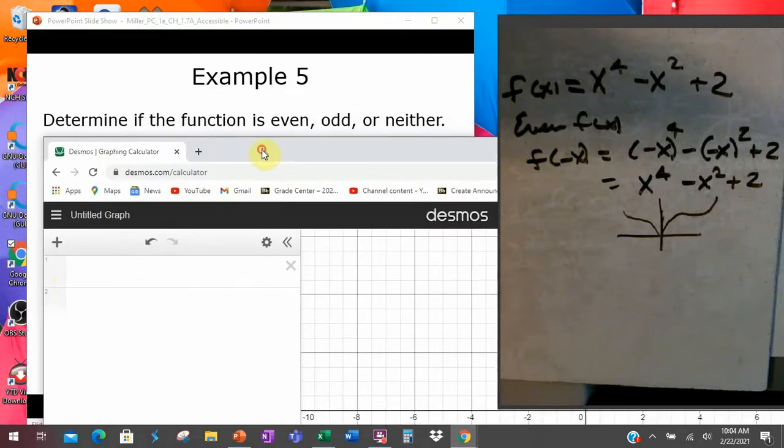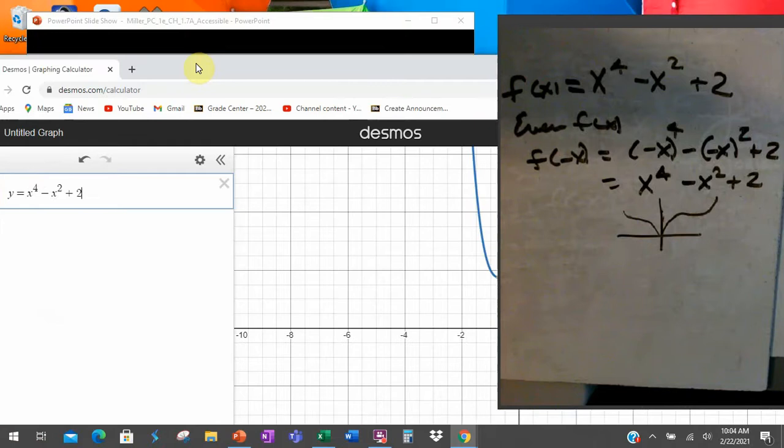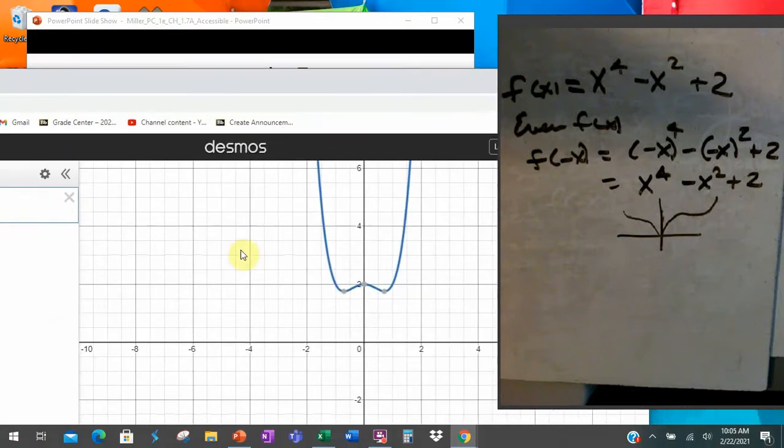I want to graph this thing and note its symmetry. x to the 4th minus x squared plus 2. That's what that would look like. Symmetric with respect to the y-axis. The x-axis we don't have to worry about. The origin, clearly not.